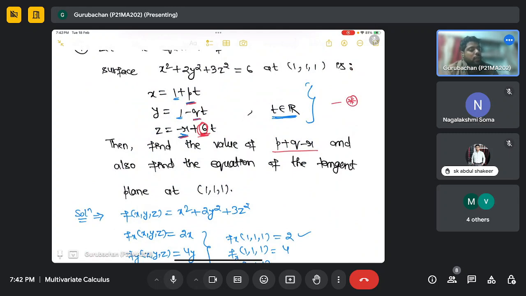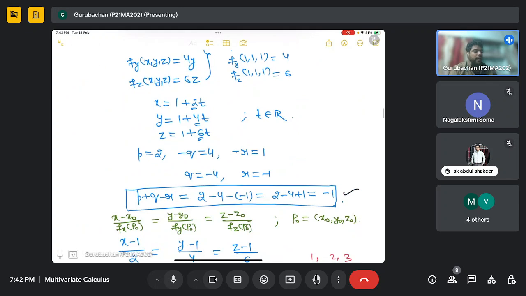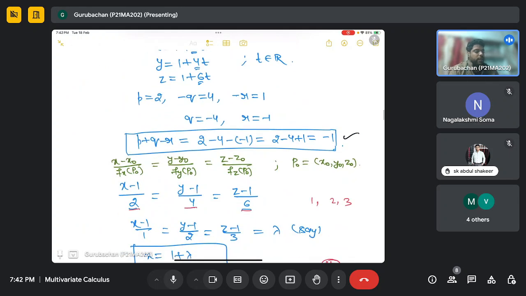For example, if we have given some 1 plus pt and some y equal to 1 minus qt, plus z equal to, suppose, 1 minus rt, then we can change P, Q, R and here it will come minus 1.